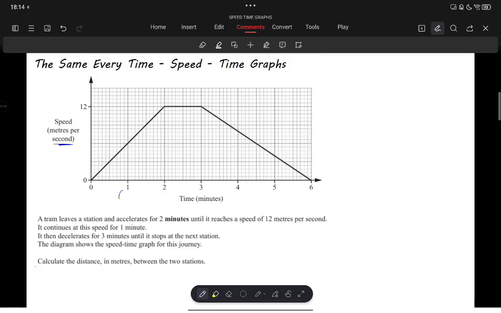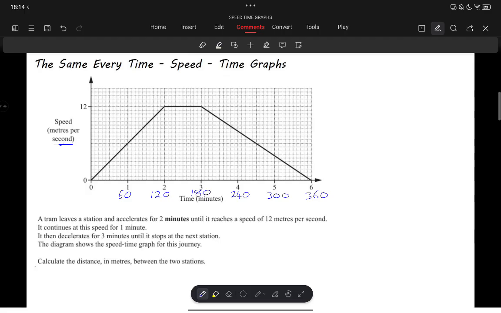So 1 minute would be 60 seconds, and then 2 minutes, 120 seconds. 3 minutes, 180 seconds. 4 minutes, 240 seconds. 5 minutes, 300 seconds. And 6 minutes, 360 seconds. So I'm just making sure that my units are matching up, meters per second matching up with seconds on the time axis.